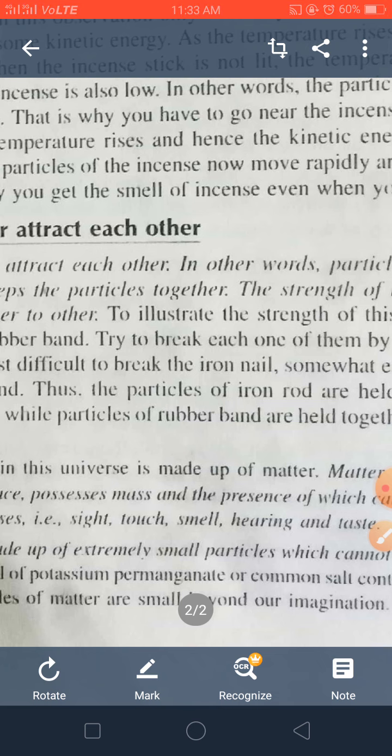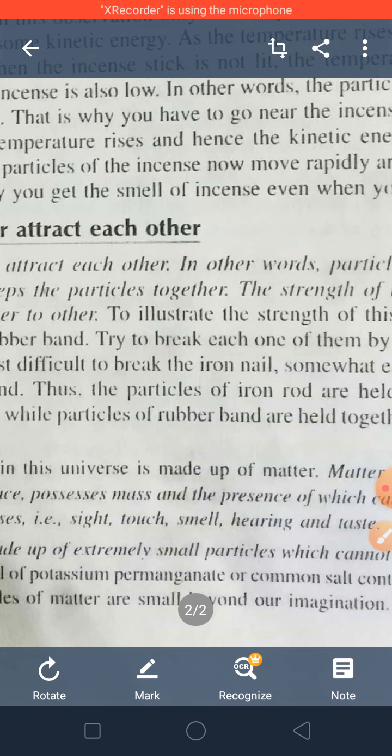So we have to memorize two most important things here. As we have already discussed, everything in this universe is composed of matter, that is, anything which occupies space and has weight is called matter.